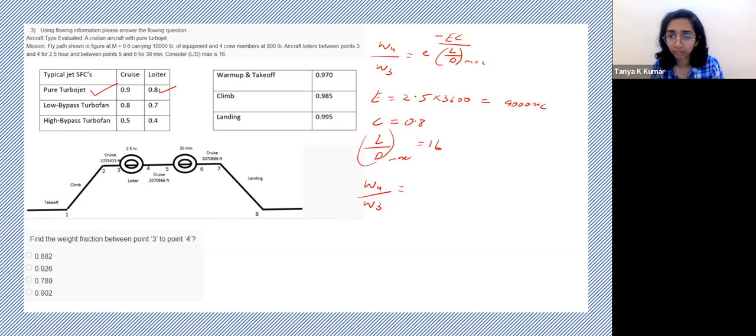Okay, one mistake that we've done here is C is again in per hour.